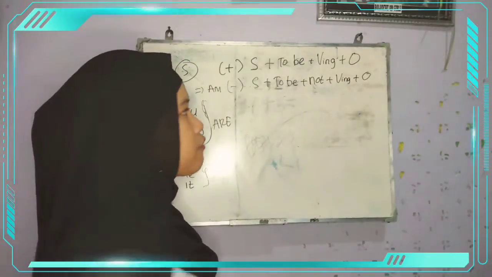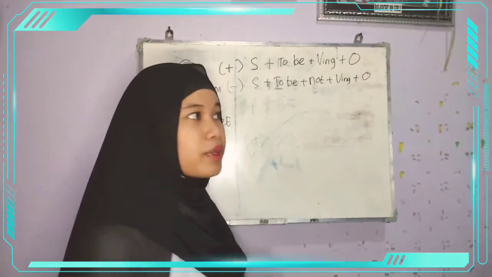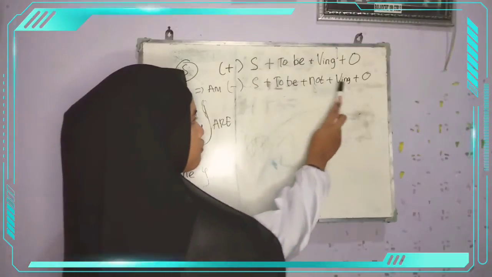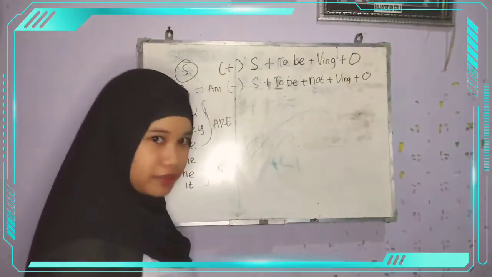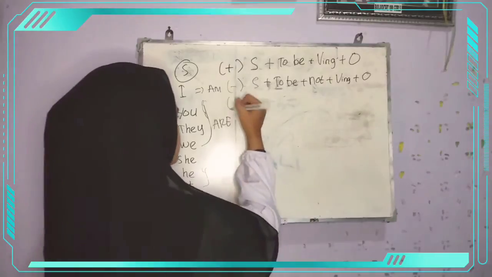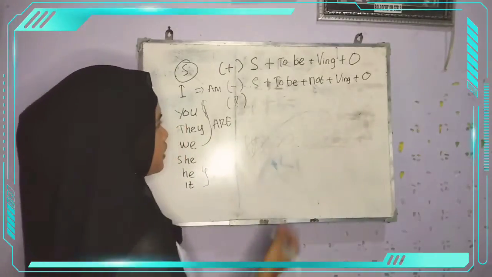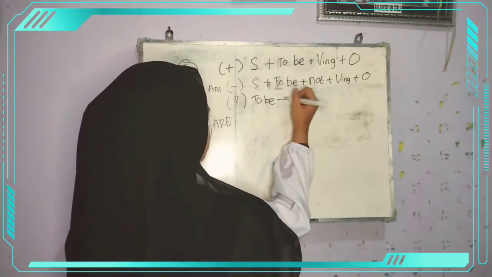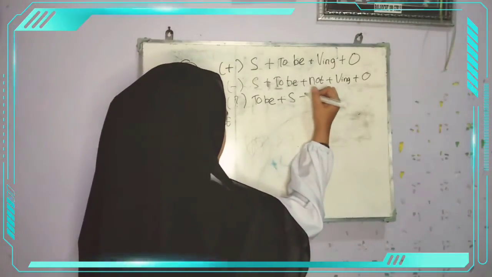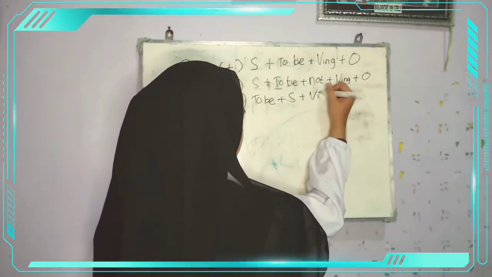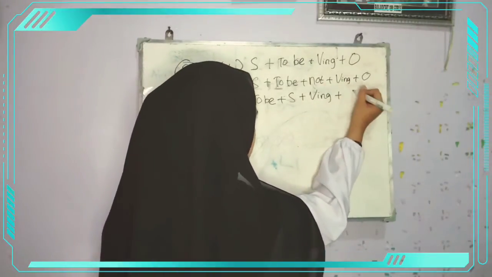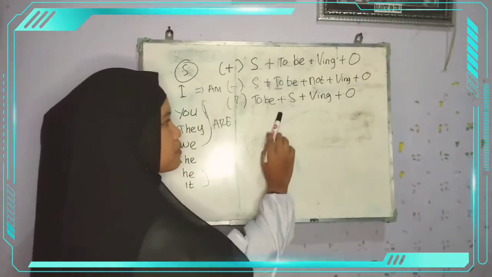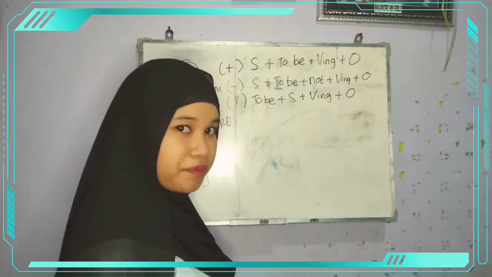This is the negative pattern of simple present continuous: subject, to be, not, verb-ing, and object. Okay, how about the interrogative? For the first, we use to be, and then subject, verb-ing, plus object. You get it? To be, subject, verb-ing, and object.